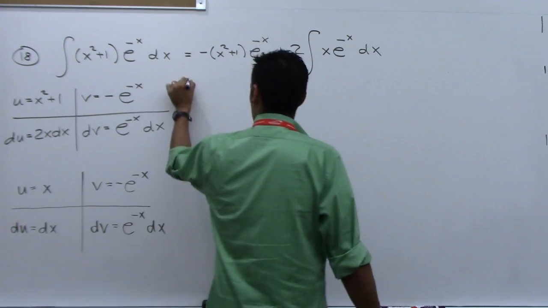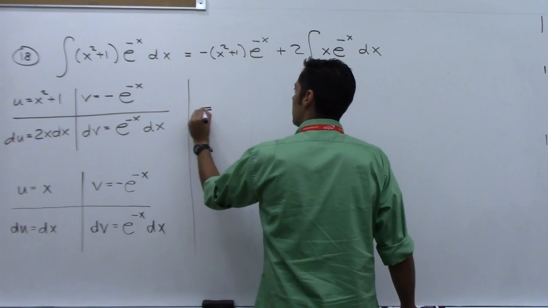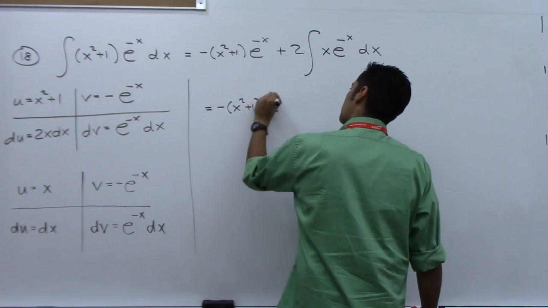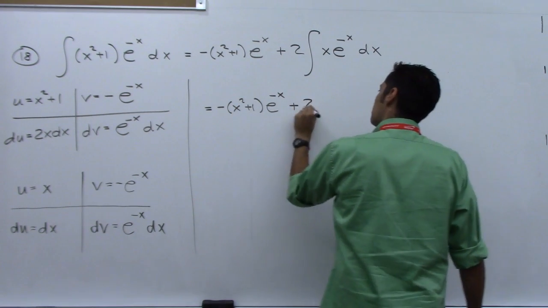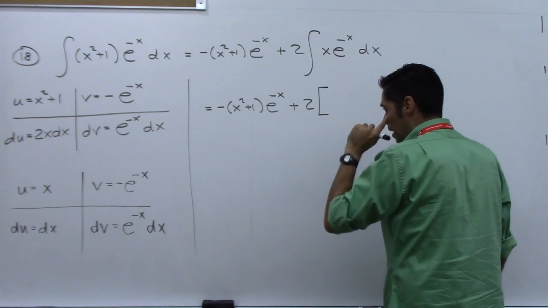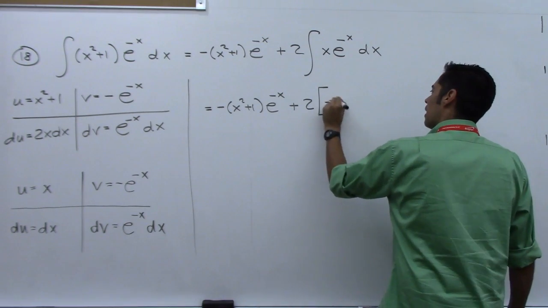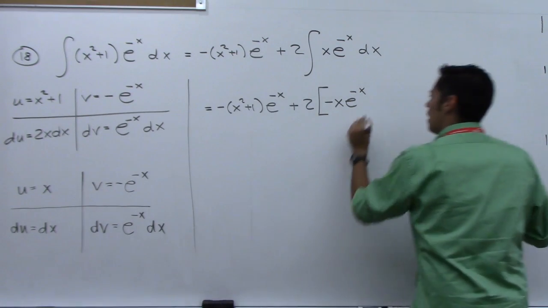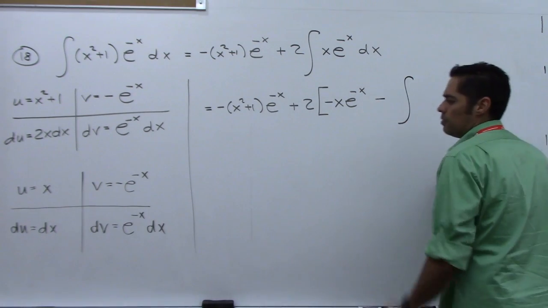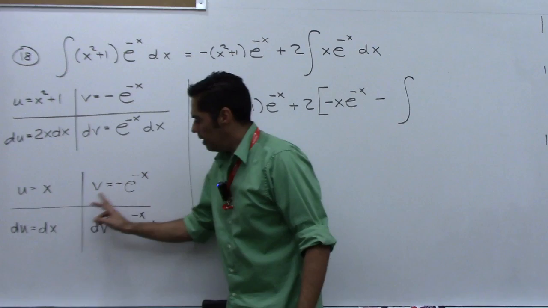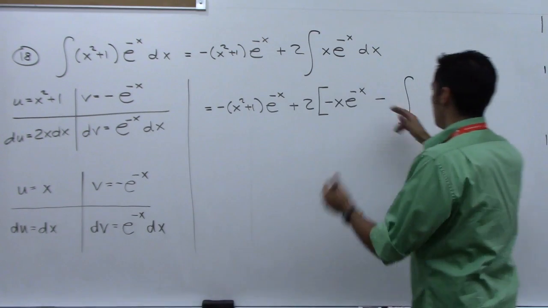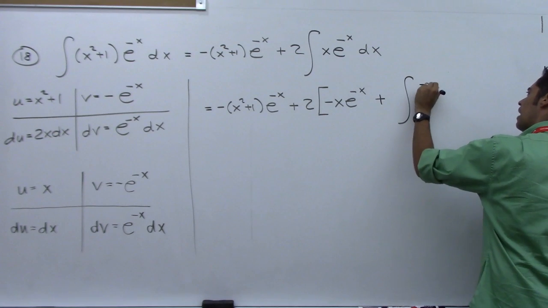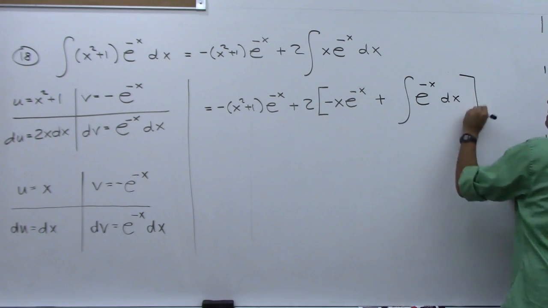And so this becomes equal to negative x squared plus 1 e to the negative x plus 2 times in brackets uv minus v du, negative x e to the negative x, that's uv, this times this, minus integral v du. Let's see, do I have a negative here? Negative and positive, so negative will come out, turn it into a plus, and the only thing there is e to the negative x dx.